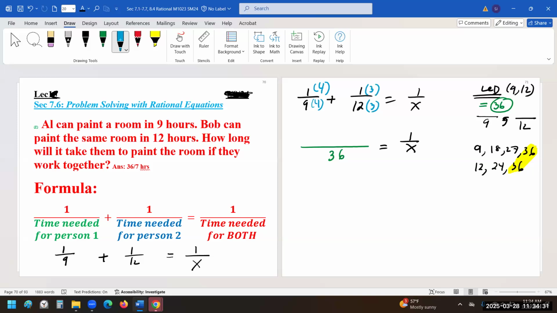And now you're happy. The first denominator is 36, the second denominator is also 36. So it's time to combine our numerators. What do you want the first numerator? 4. What do you want the second numerator? 3. And when you add 4 and 3, we get 7 over 36 equals 1 over X.